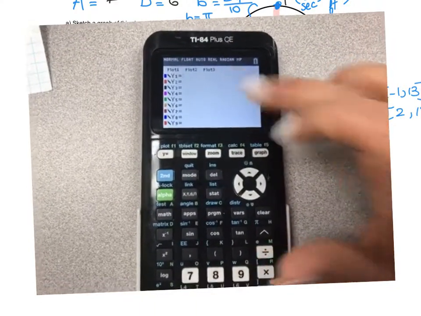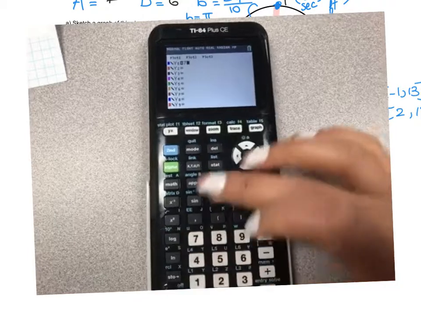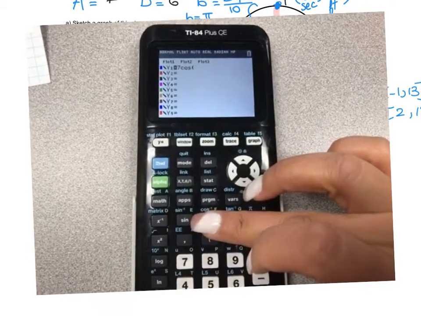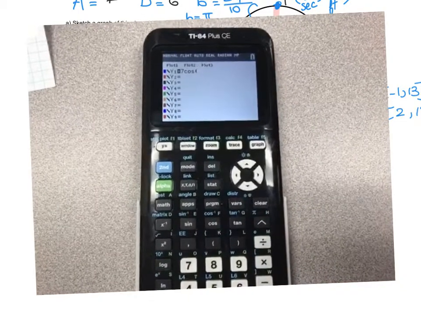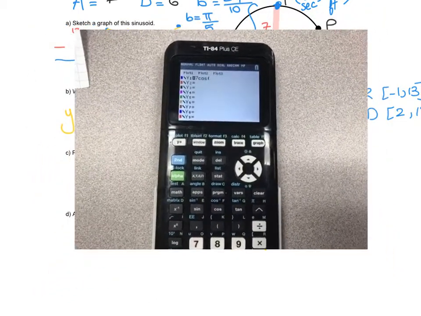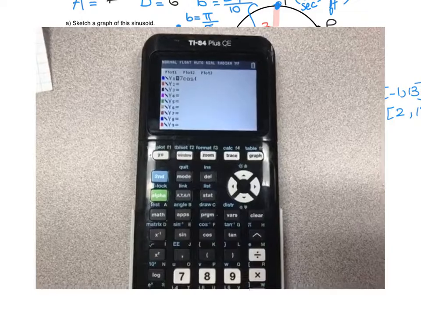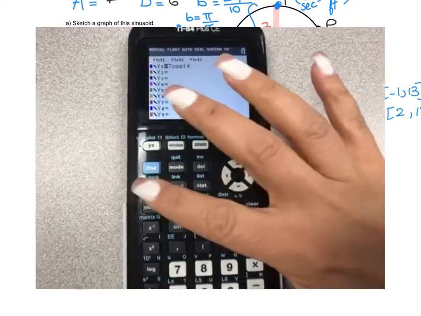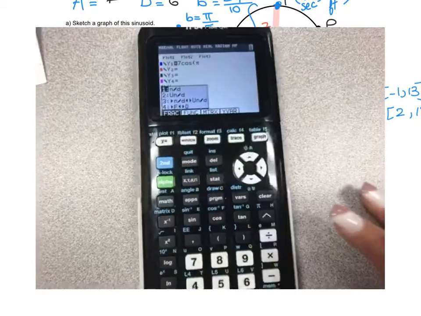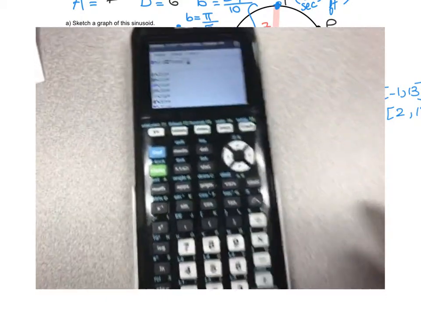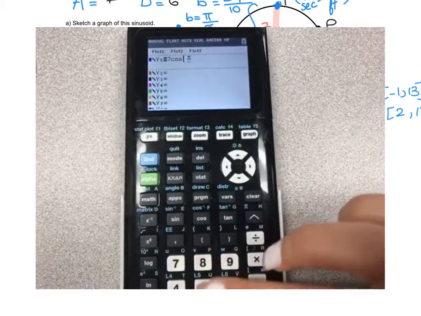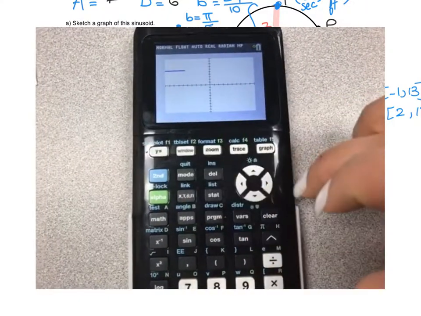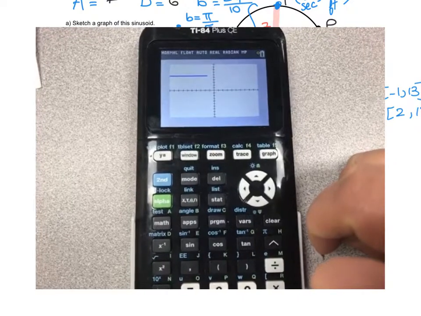The equation is 7 cosine, and then it's pi over 5. So second caret, then alpha y equals, enter to create a fraction. So it's going to be pi over 5. And then I need to hit graph. It's going to take a second.